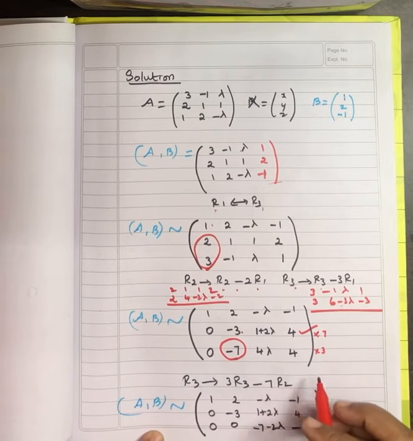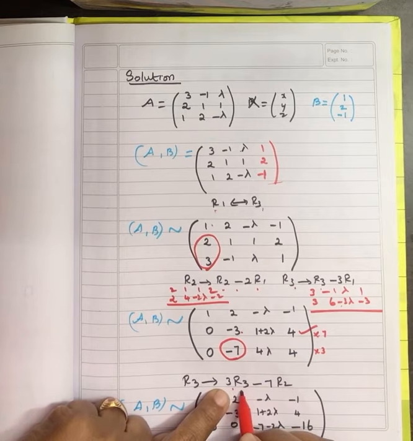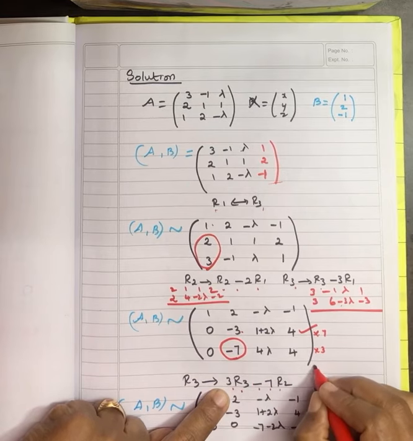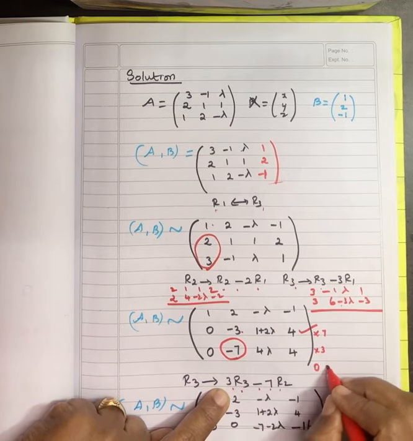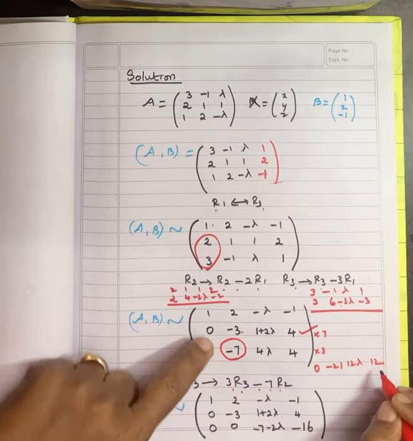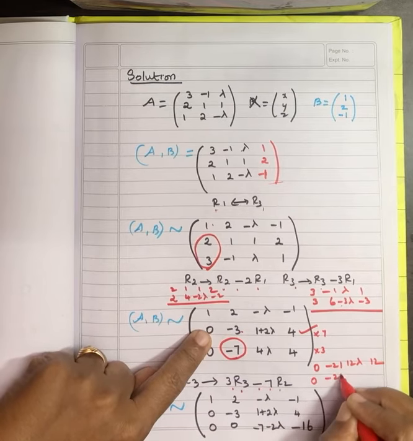So now we will check. I have to put R3 implies 3R3 subtraction 7R2. So R3 I have to multiply with 3. Now tell me the answer. 0, minus 21, 12 lambda and 12. This I have to multiply with 7. 0, minus 21.